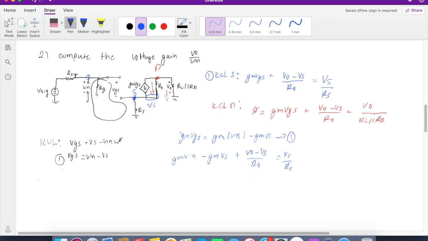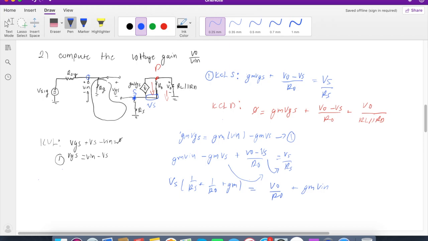So now what we can do from here, we can simply solve for Vs. So Vs times 1 over Rs, once we move Vs to the other side, plus 1 over Rout plus gm equals Vout over Rout plus gm Vin.